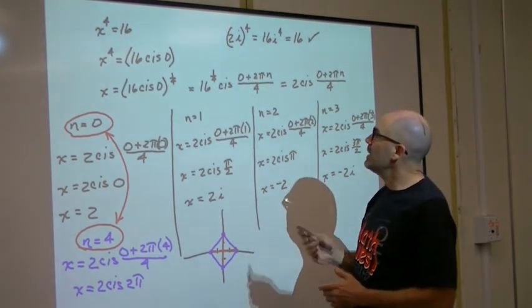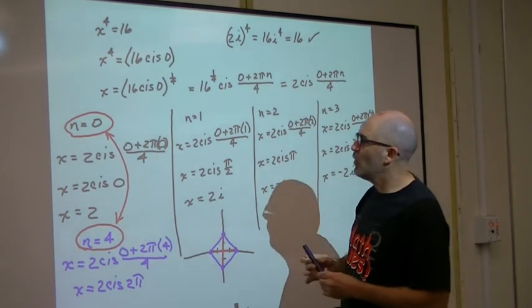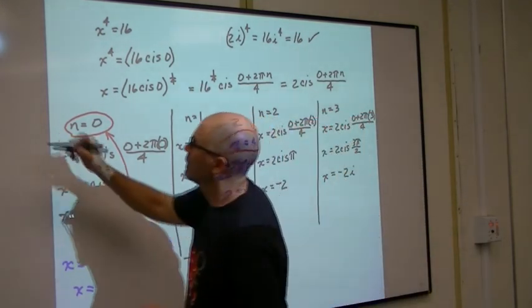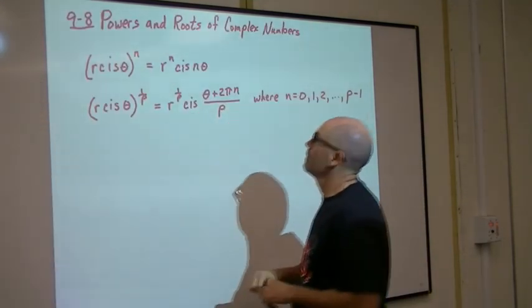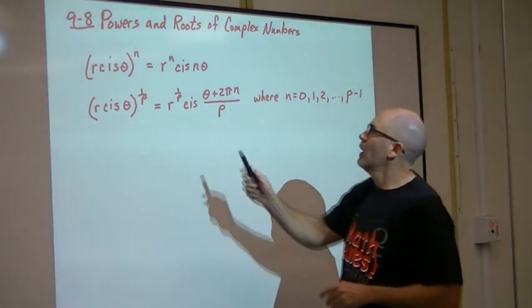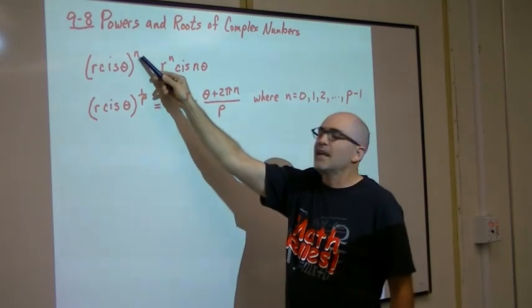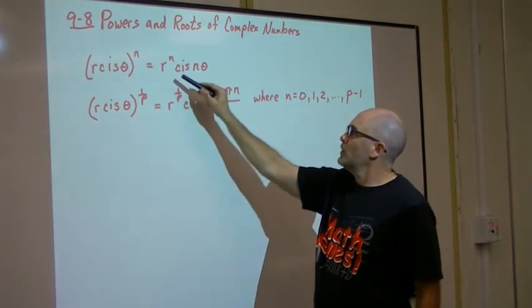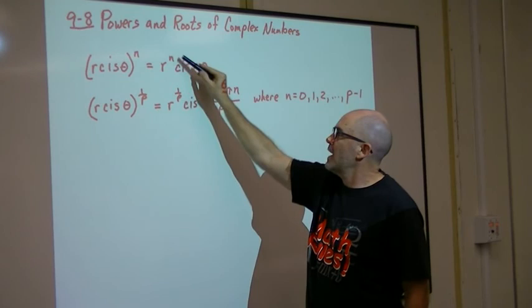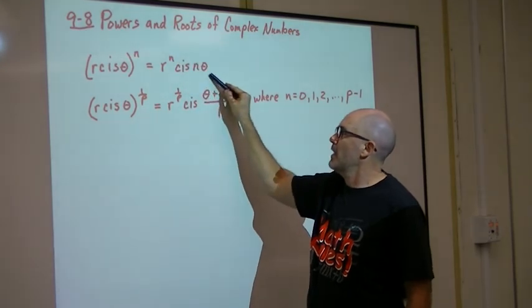So basically, this is it. If you have a positive or negative integer as your exponent, all you do is take the magnitude to that power and then multiply the angle by that power.